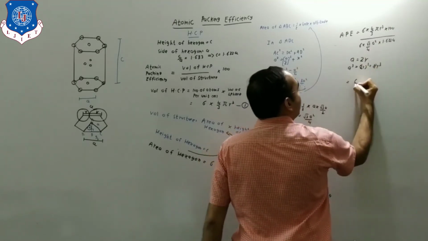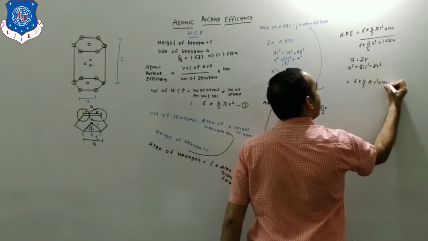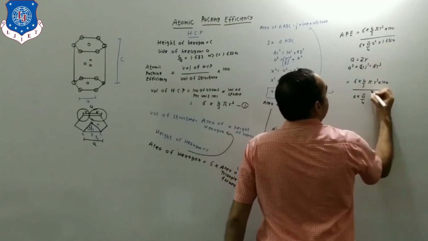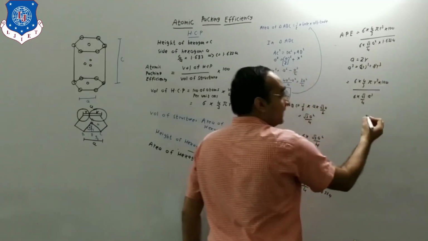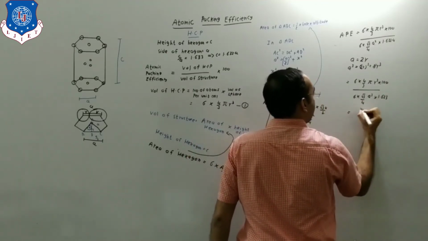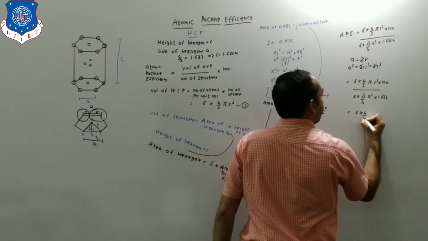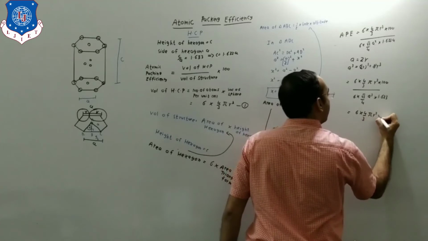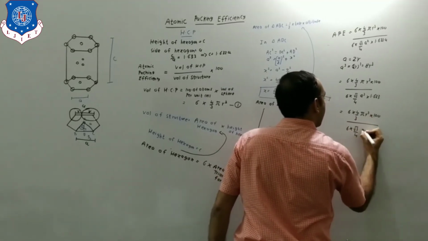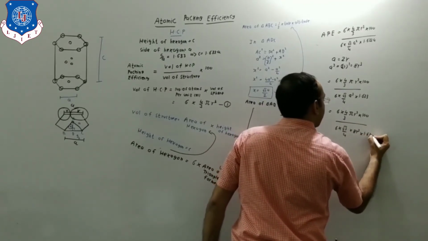So place this in this formula: 4 by 3 pi r cube multiplied by 100, divided by 6 into root 3 by 4 a square and a, so a cube, multiplied by 1.633. Here put the a value as 8r cube: 6 into 4 by 3 pi r cube multiplied by 100, divided by 6 into root 3 by 4 multiplied by 8r cube multiplied by 1.633.